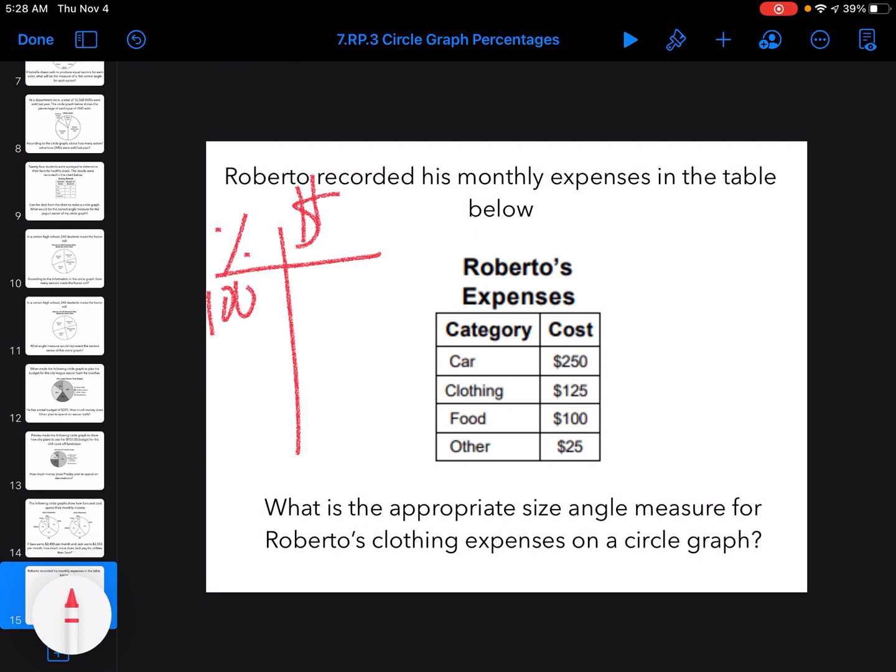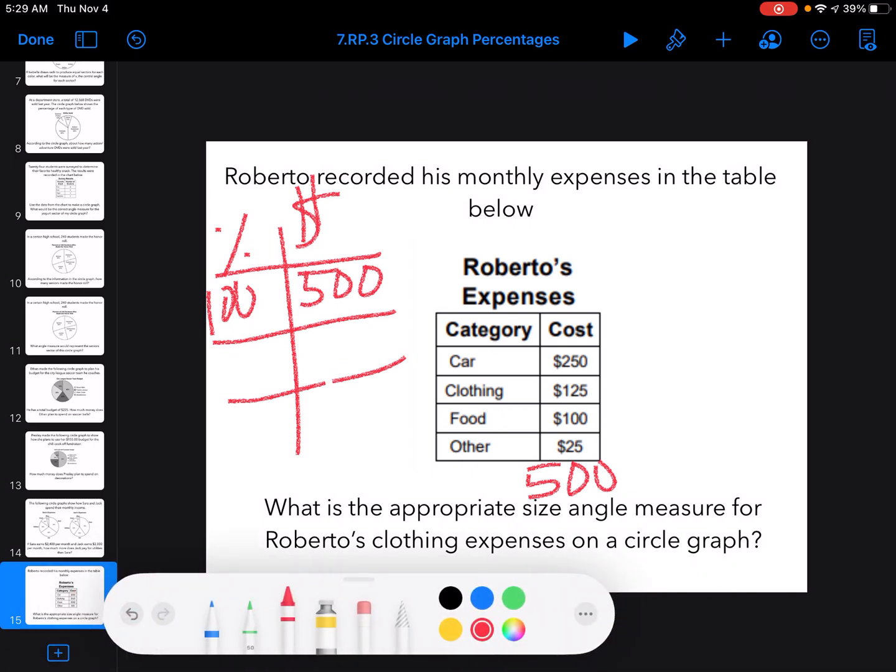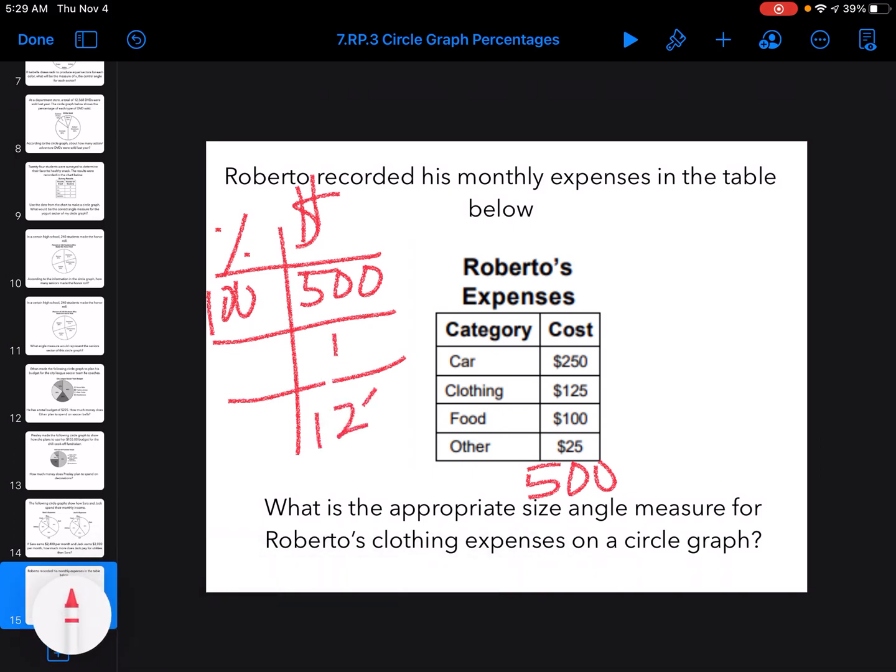So 250 plus 125 plus 100 plus 25. So he makes a total of $500 a month. I want to figure out just clothing, so that's 125. So I divide by 500.